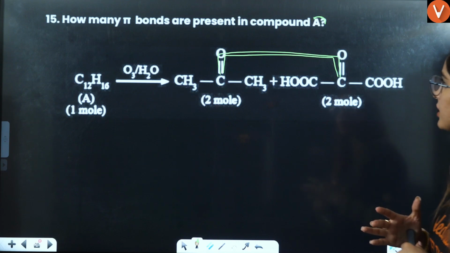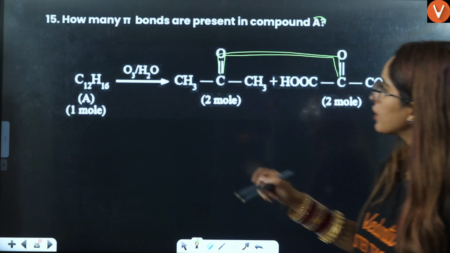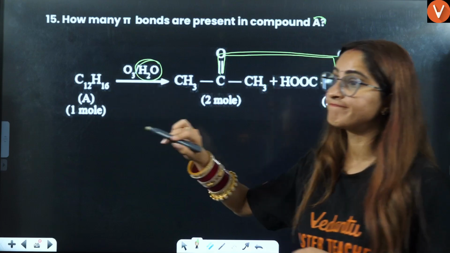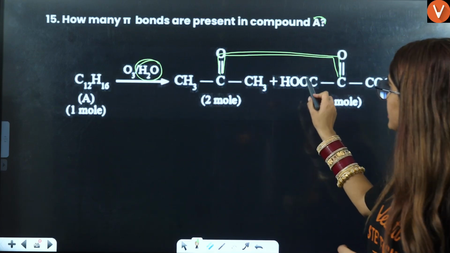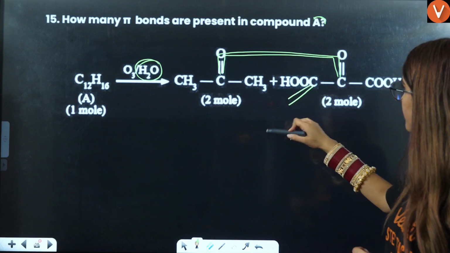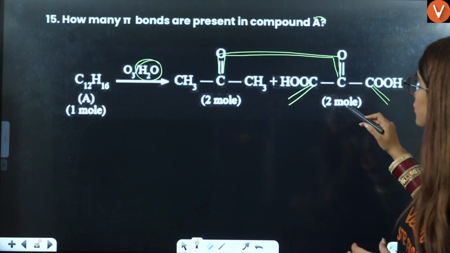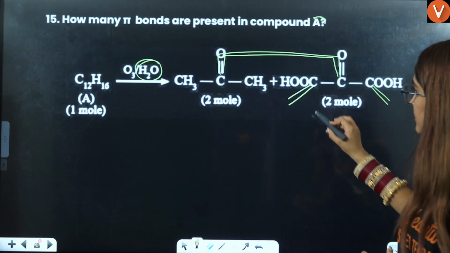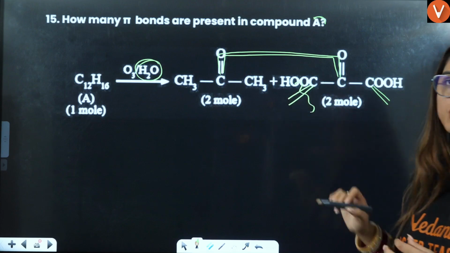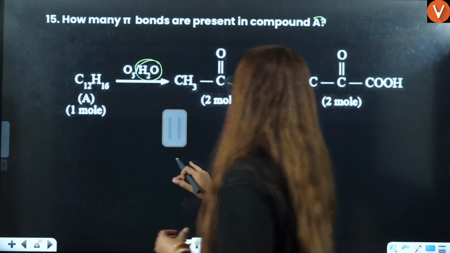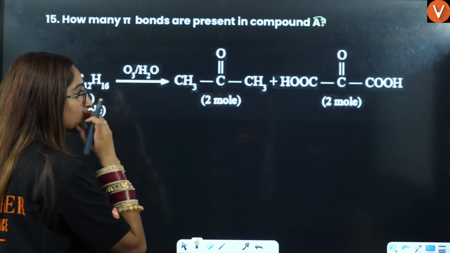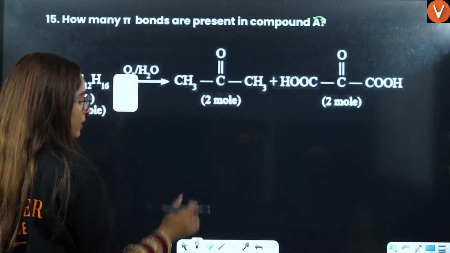We can't differentiate the other molecules because we are using oxidative, we are doing the oxidative ozonolysis. That means this bond is also attached to some bond. This bond is also attached to some bond, right? This also we have made after ozonolysis only, right? So you can attach all these things here, right? Let's attach because we are talking about oxidative ozonolysis now.